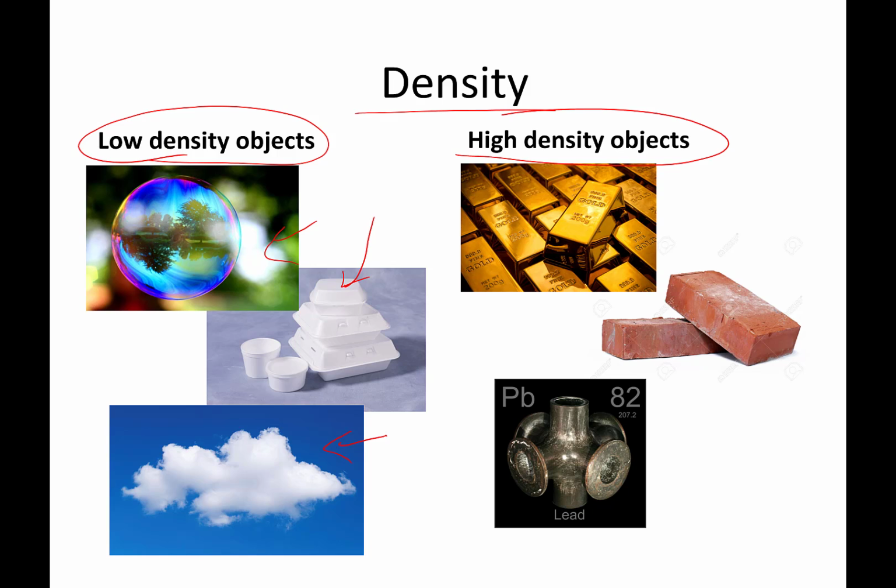High density objects include things like bricks of gold, which most of us don't pick up on a daily basis, but you understand there's a lot of stuff in every small amount of space. Bricks, lead, some things are just packed really tight. And that's that idea of density.